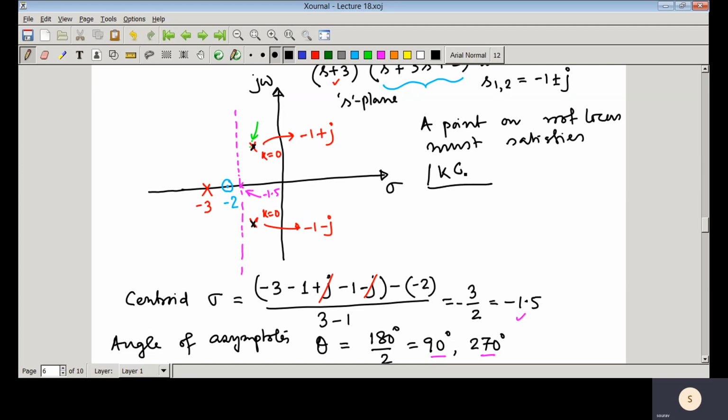That thing we have seen, that the angle of k G(s)H(s) equals 2k plus 1 times 180 degrees.